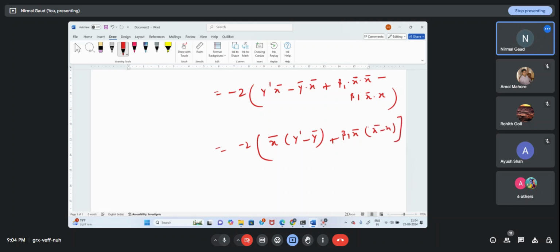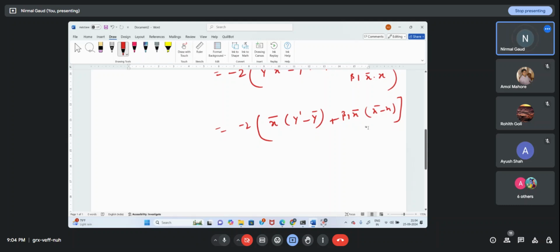I guess I can take the entire x bar common from the entire bracket. So minus 2 x bar, and here I'm getting y dash minus y bar plus beta 1 x bar minus x. That's what I'm getting.